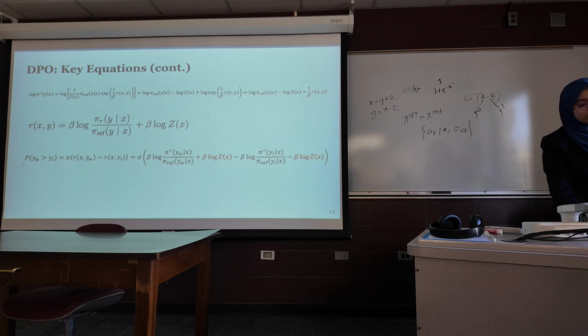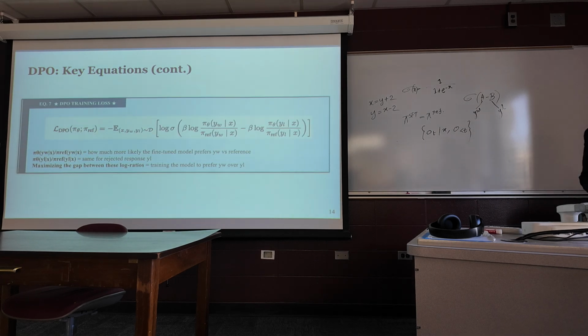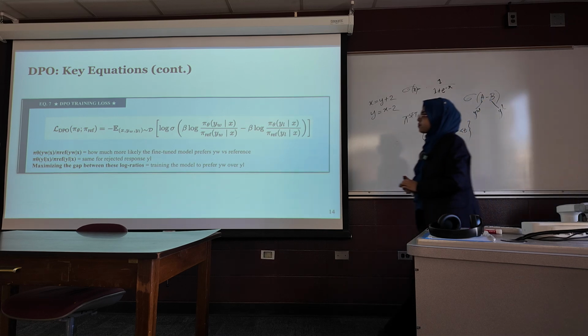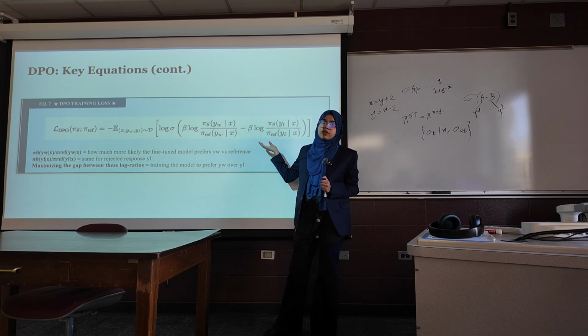When you put those equations in, you can see these two terms cancelling each other out. So now you have an equation. First, you don't have an explicit reward score in your equation. Second, you don't have a computationally heavy Z(x) function anymore. So now your loss looks like this. As you can see, no Z(x) and no explicit reward score.